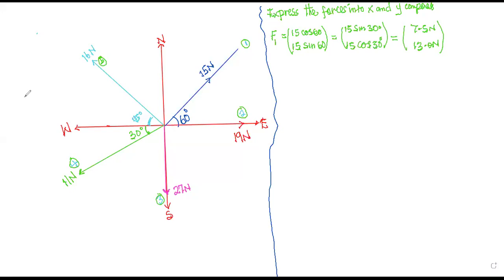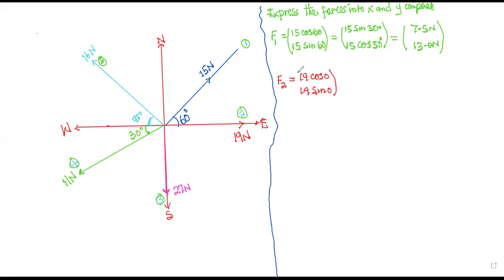Okay. Then F2. The angle it makes with the X is 0, and it makes an angle of 90 with the Y. So 19 cos 0 and 19 sine 0.